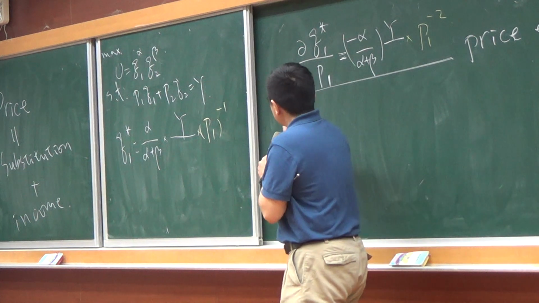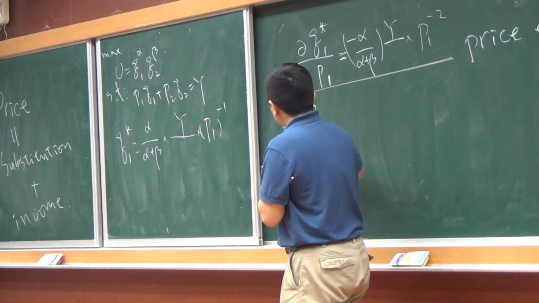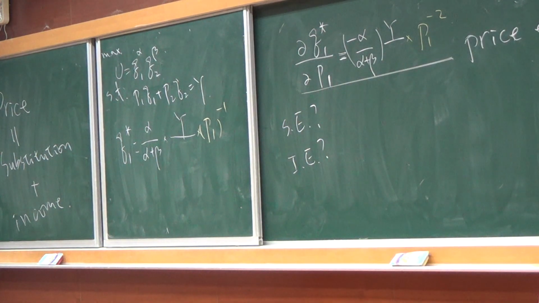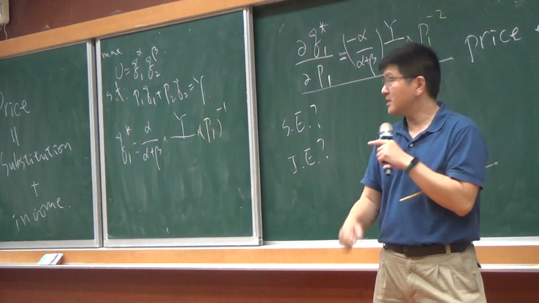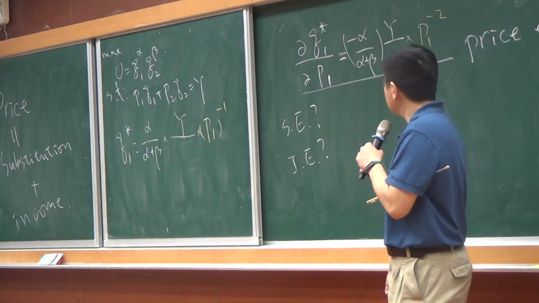Then what about substitution effect? How to derive income effect? So do you remember the formula in chapter 4?